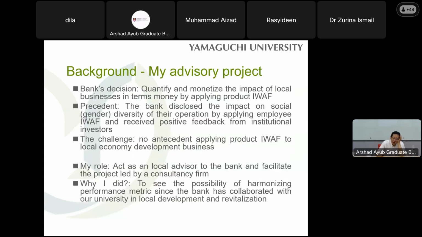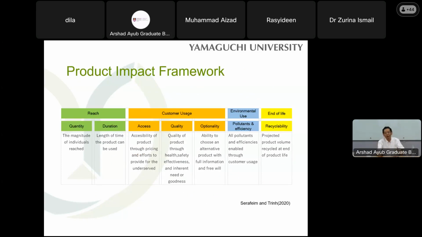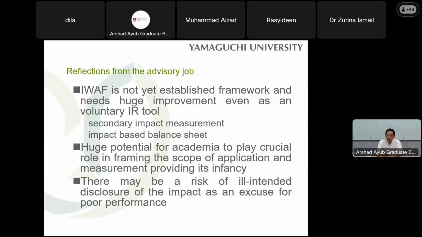We shouldn't disclose our impact in a way that lets stakeholders think it's just an excuse for a very low PBR. If stakeholders understand our disclosure in that way, it will never help enhance the PBR.